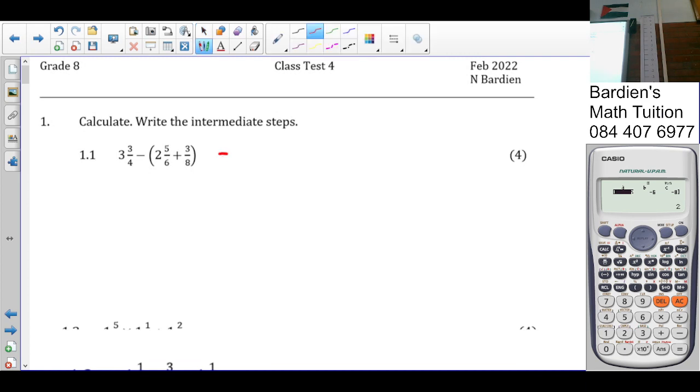calculate. Alright, so the first thing we do is we change this to an improper fraction. 3 times 4 is 12 plus 5 is 15 over 4 minus, open brackets, 2 times 6 is 12 plus 5 is 17 over 6 plus 3 over 8. Not so? So what's my LCM here? 24.